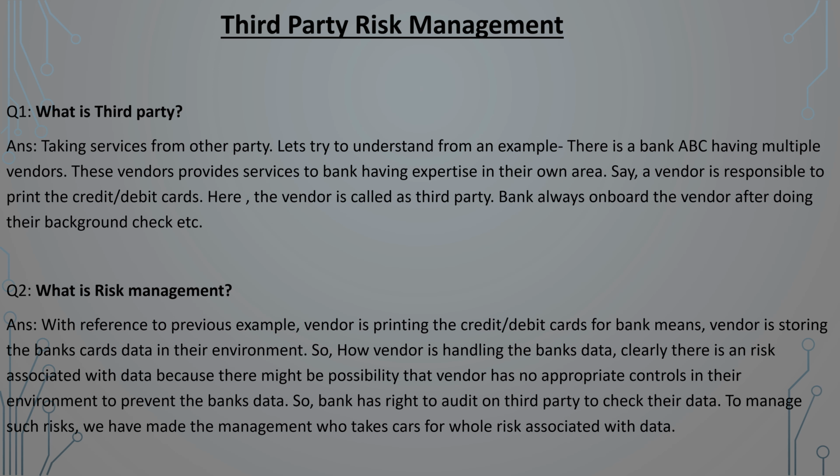One more thing, the bank always onboards the vendor after doing a background check, like is there any data fraud related to the vendor or not, right? Like what is the background, what is the history of the vendor. So depending upon the nature of the service provided by the third party to the bank, they release the tender and decide to onboard the vendor.